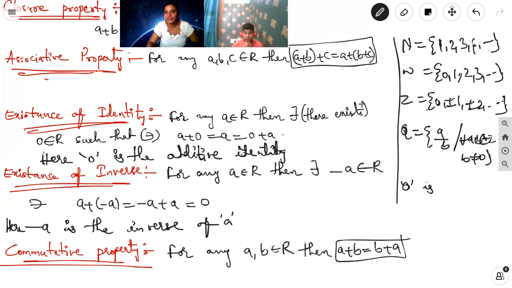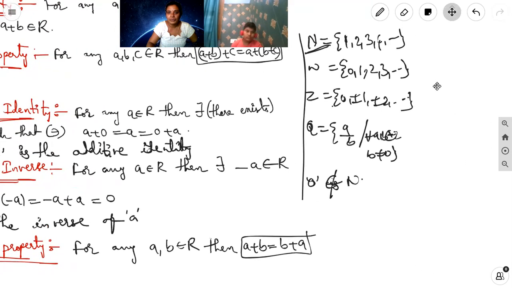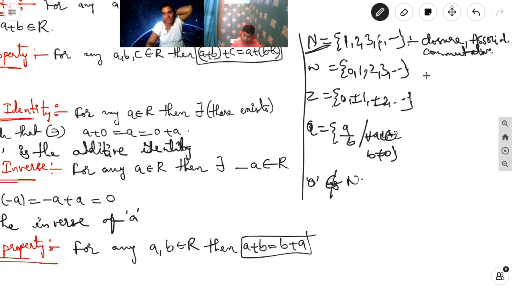Here 0 does not belong to capital N. So the natural number set only satisfies the closure property, associative property and commutative property.